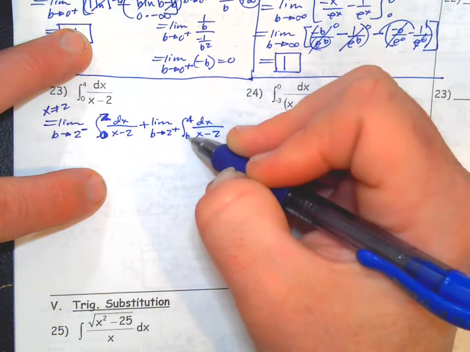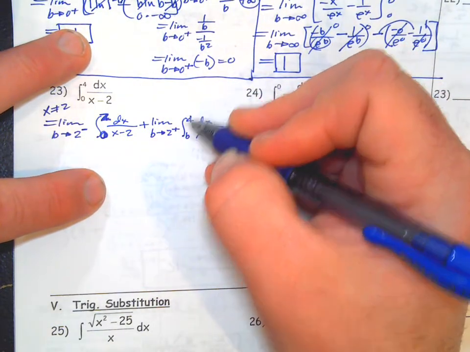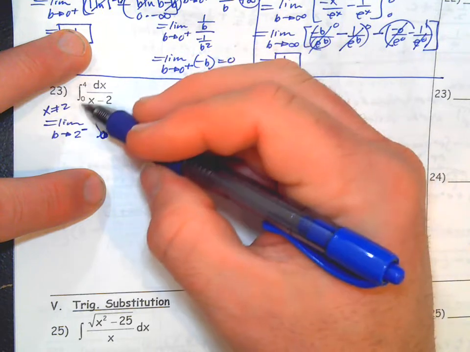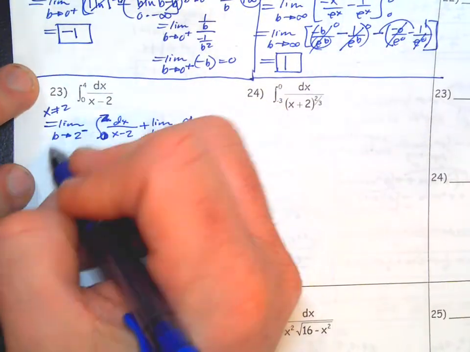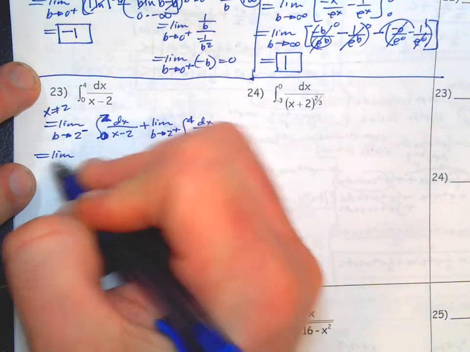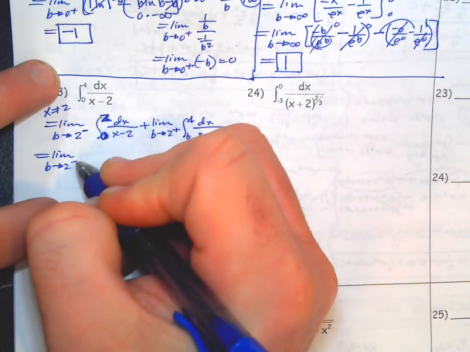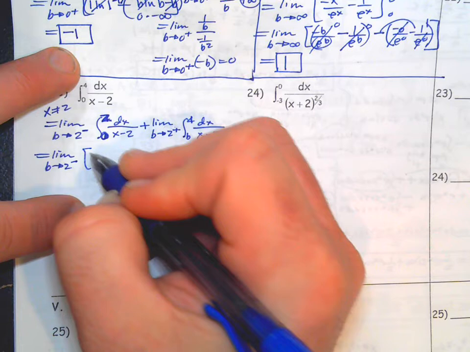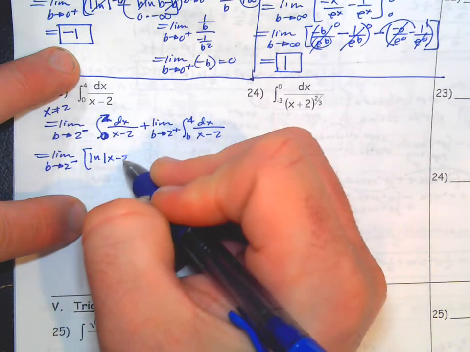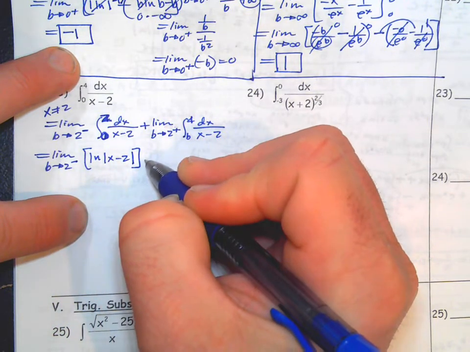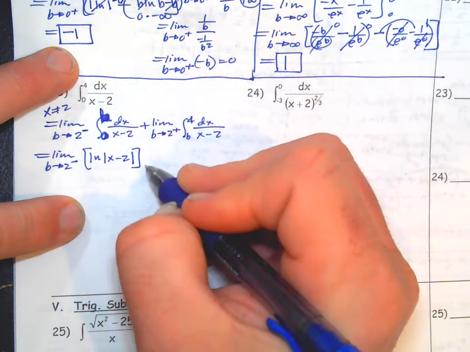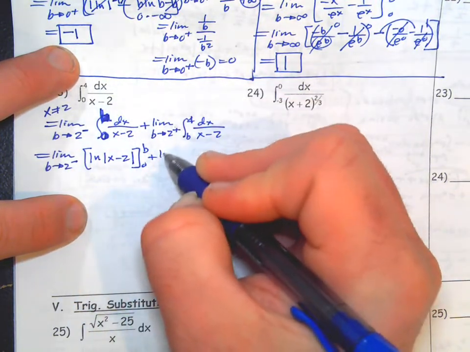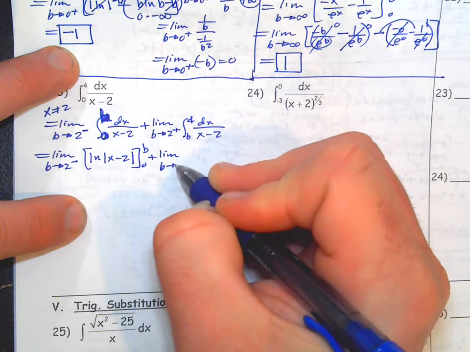If you're going from the right side of 2 to 4, it's got to be superscript plus. From 0 to 2, you're going to end at the left side of 2, so it's superscript negative. So it's going to be limit as b goes to 2 superscript negative of the antiderivative, natural log of the absolute value of x minus 2, from 0 to b. It's the same antiderivative for both of them.